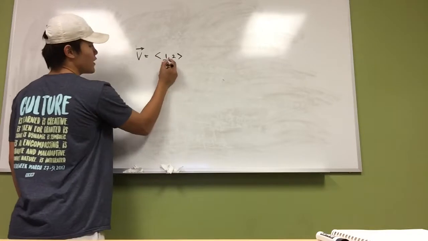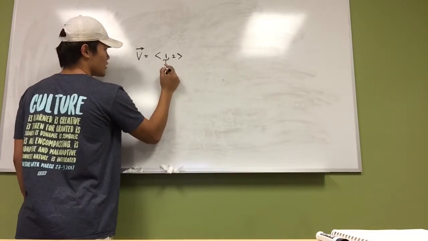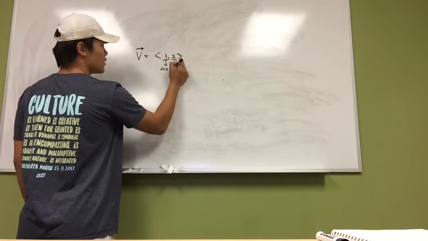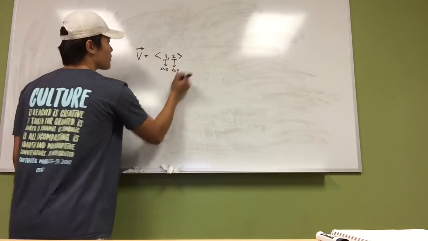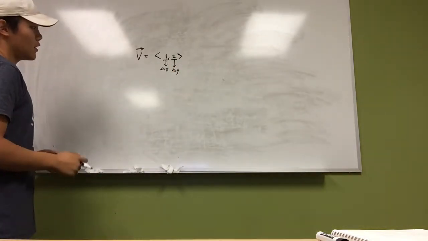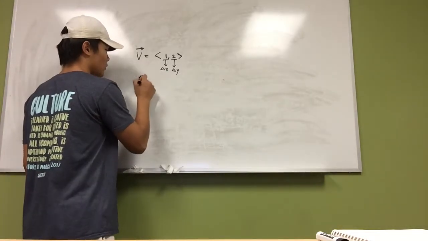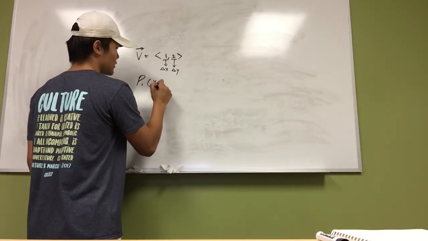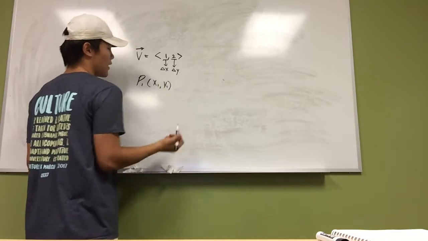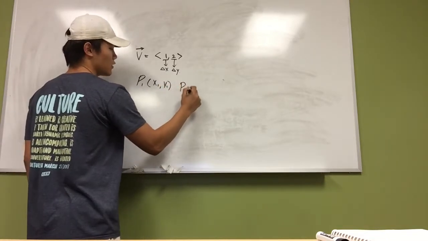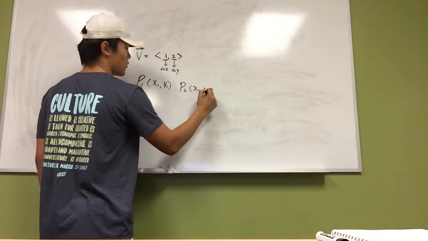Well, this 1 right here is the change in x, and 2 is the change in y. How do you know that? Well, let's say we have P1 of x1 comma y1, and another point P2 of x2 comma y2.